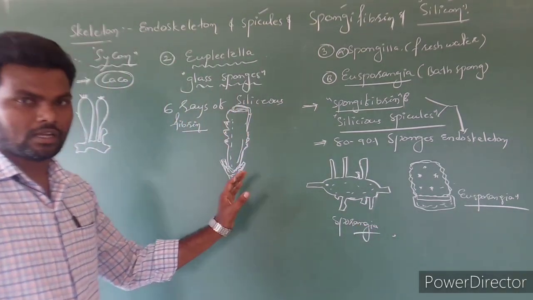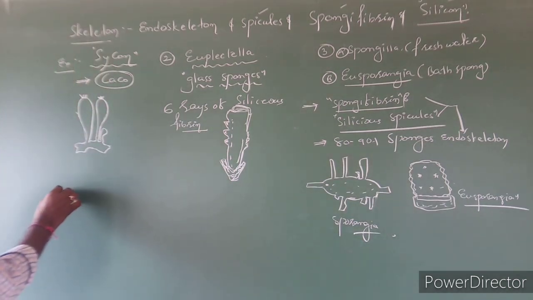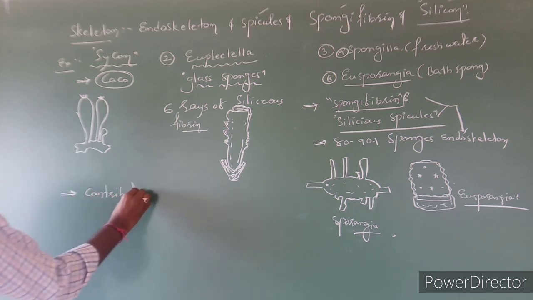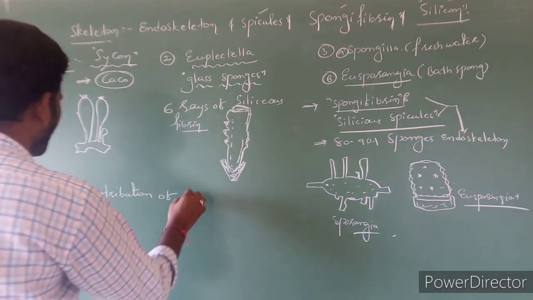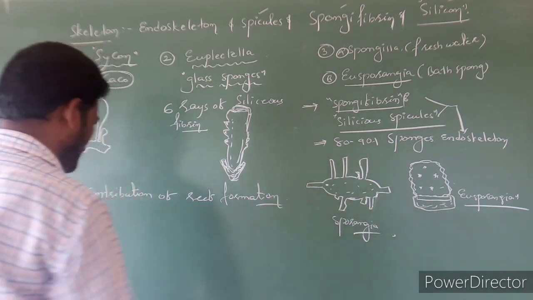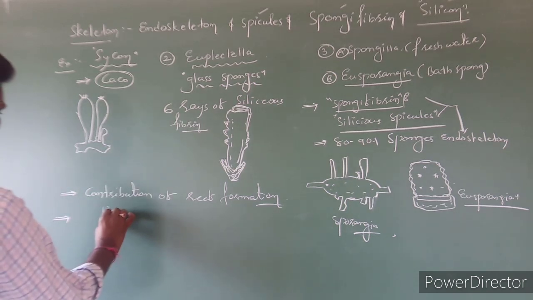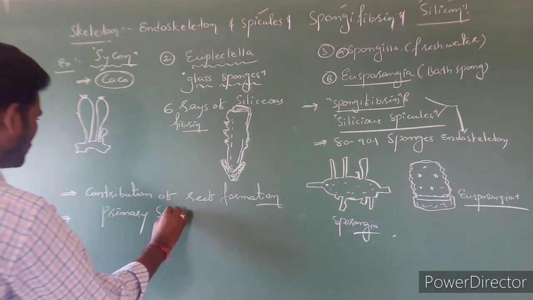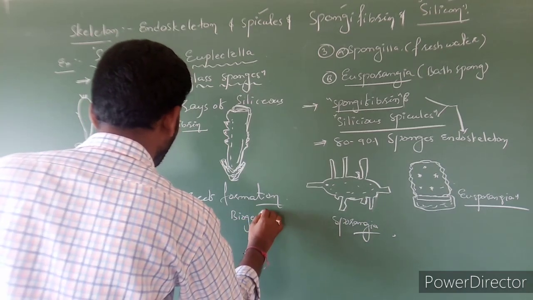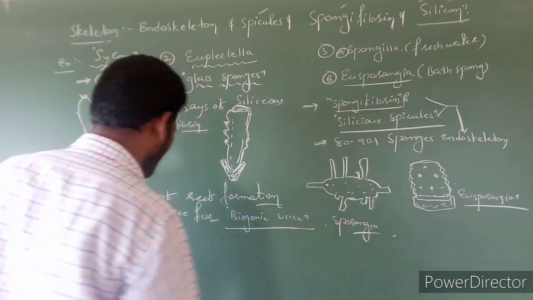Due to the presence of silicon in the endoskeleton, it is also involved in the contribution to reef formation, and it is also a primary source for the formation of biogenic silica.